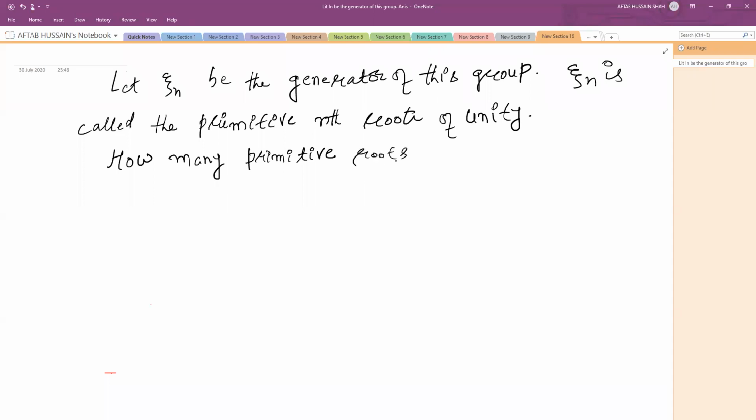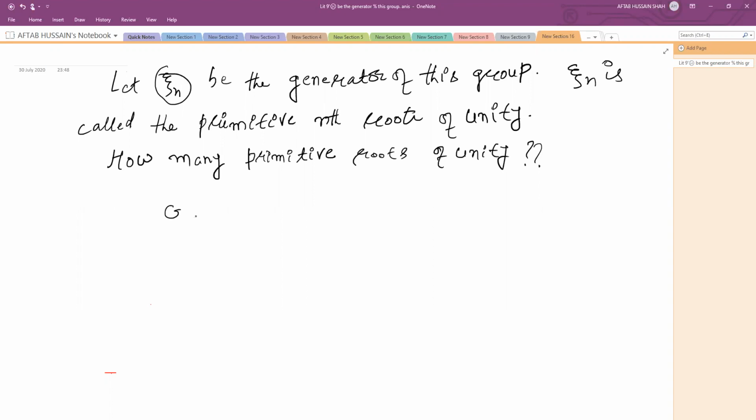If zeta n is one of them, what would be the type of the others?